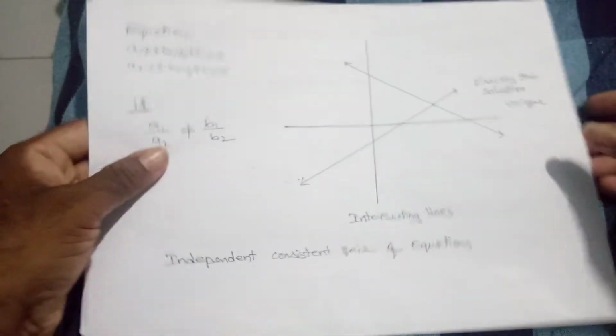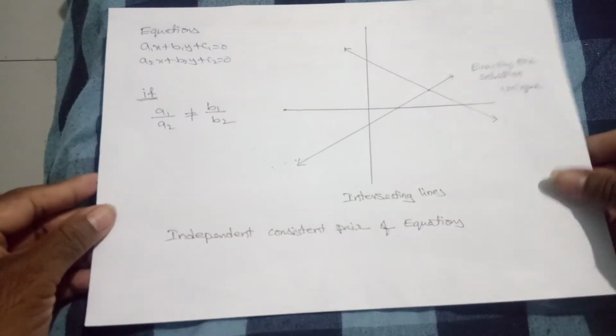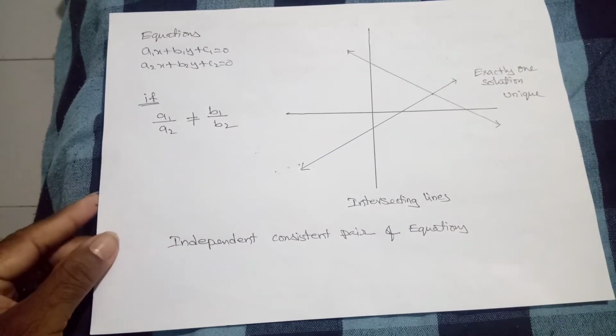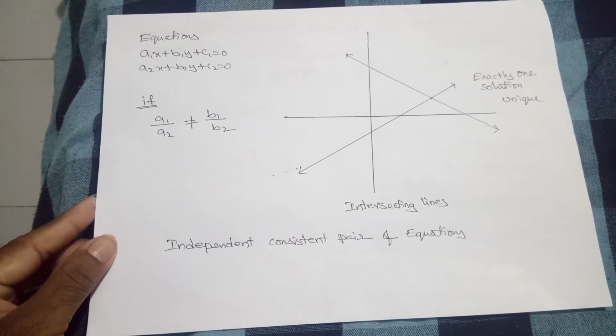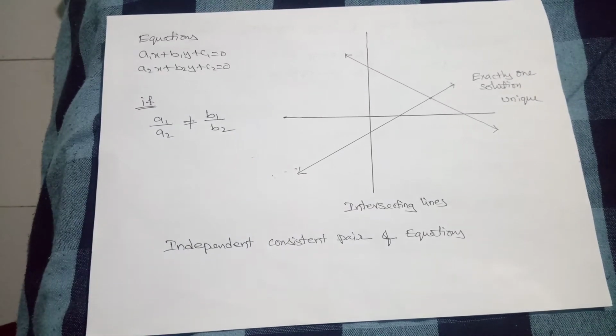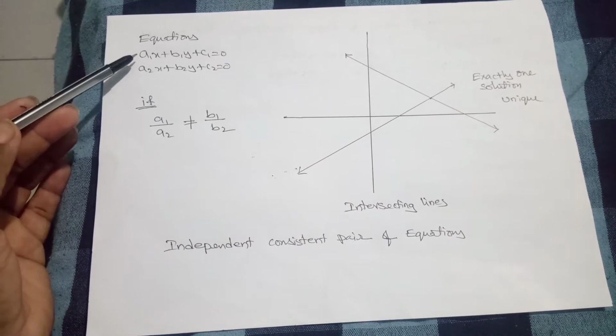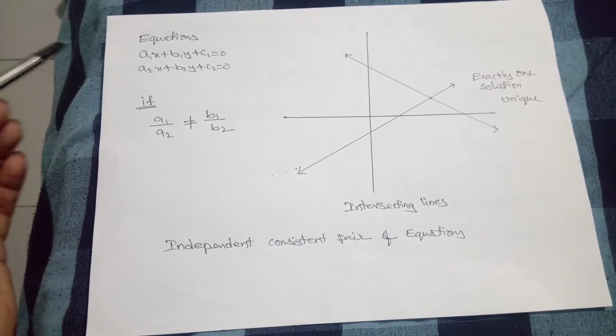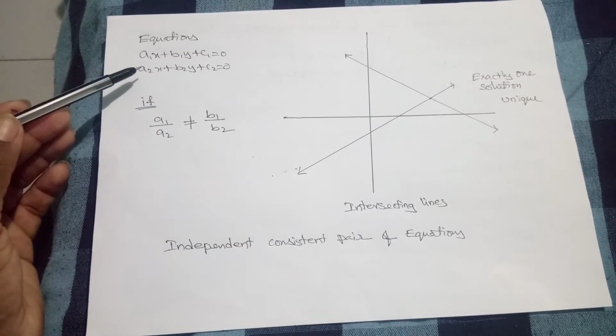Let us see. Here we have three types of pair of equations. Now let us see the first one. Take the general form of the equations.